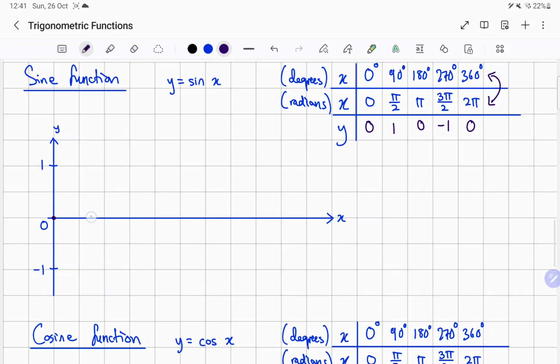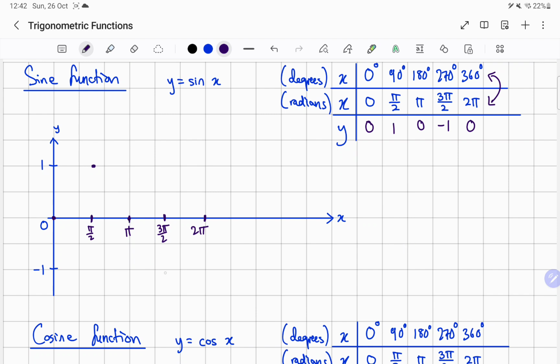Then I have 90, so let's say 90 is here. This is pi over 2, this is pi, this is 3 pi over 2, and this is 2 pi. At pi over 2, sine is 1. At pi, sine is 0.